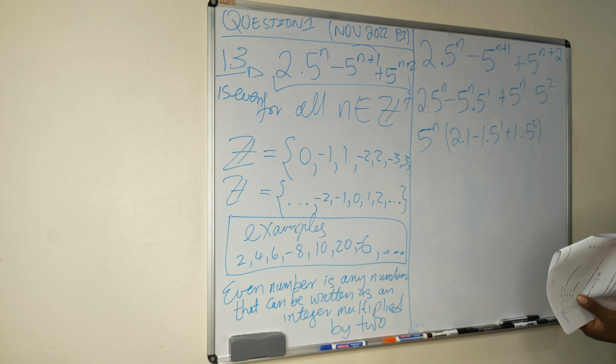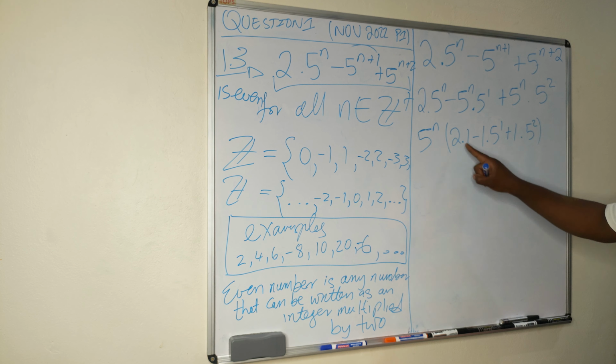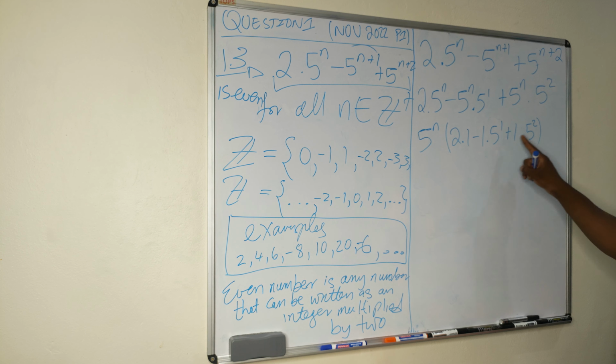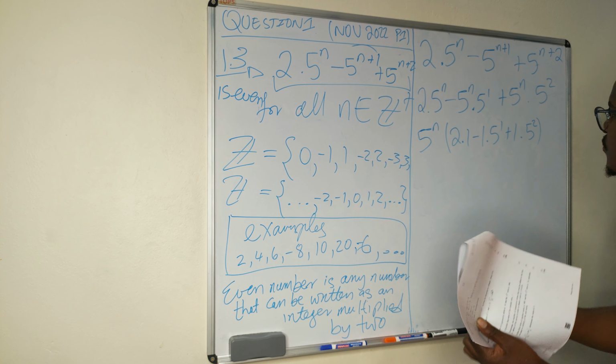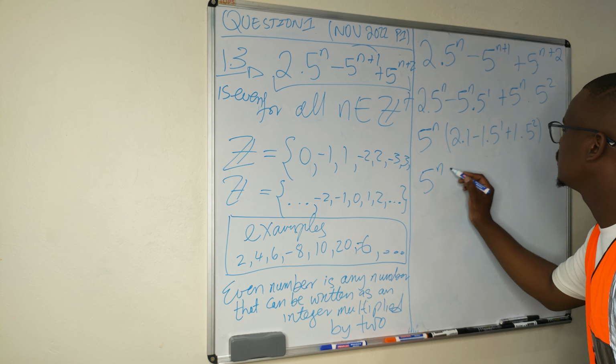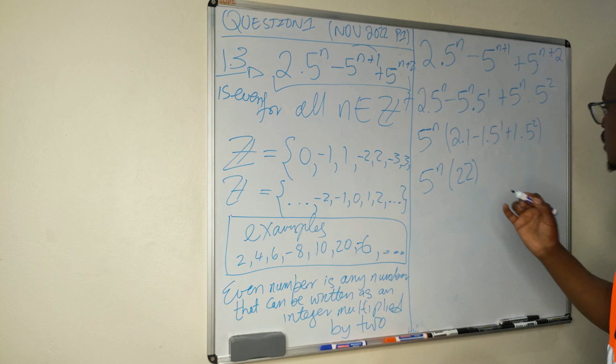So you can punch this straight into your calculator. It's 2 minus 5, which is minus 3, plus 25, which is 22. So we have 5 raised n times 22, right?